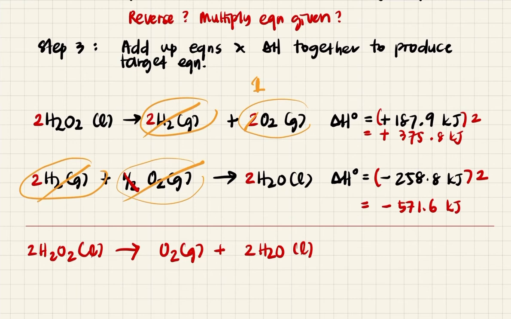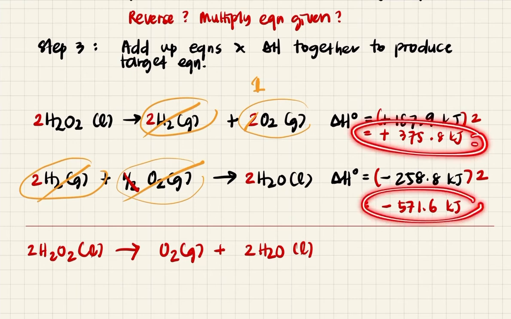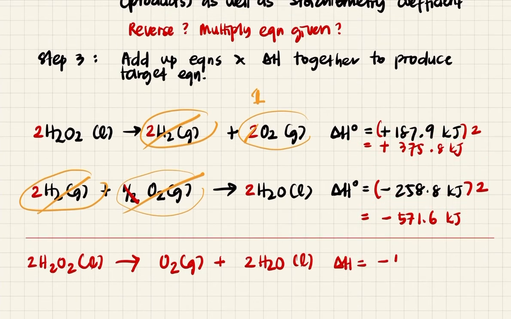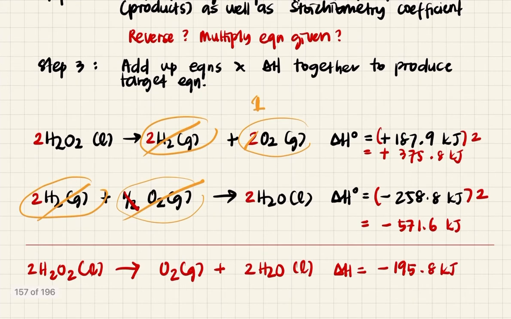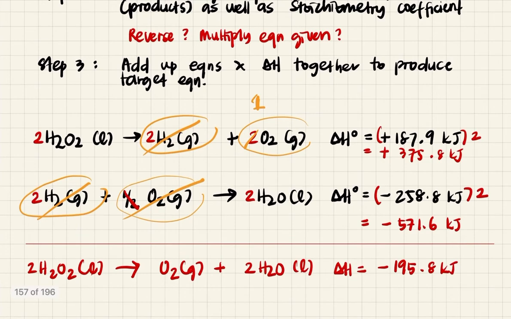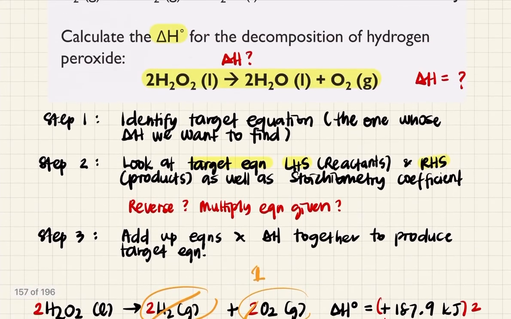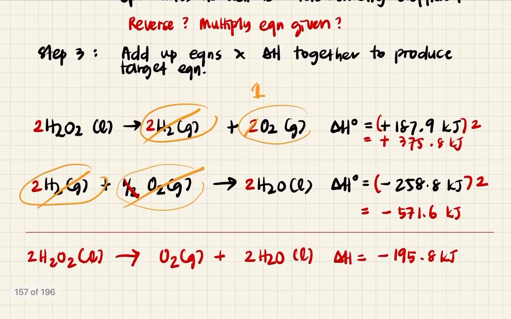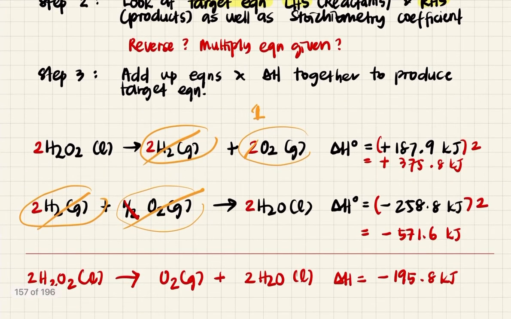So what will happen to your delta H? You're going to use this and this. You're going to add these two up together. So how much will you get? Minus 195.8 kilojoule, for the decomposition of H2O2, hydrogen peroxide. Okay, so that is your answer.